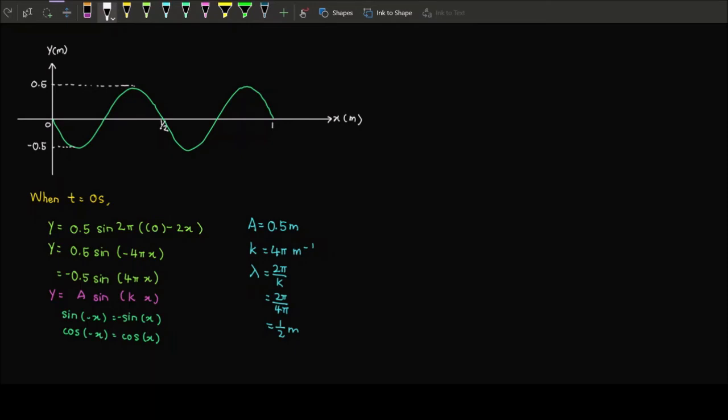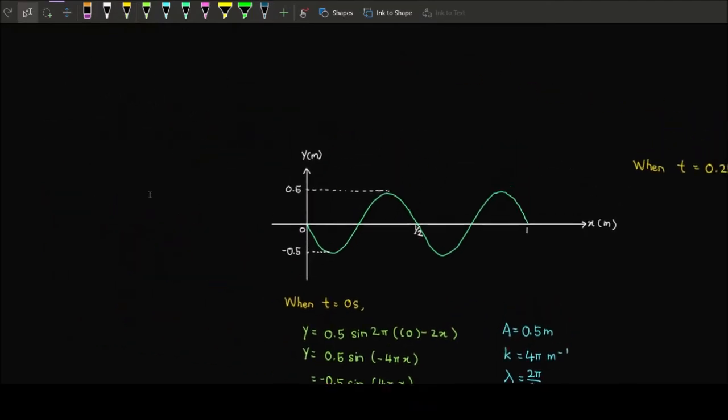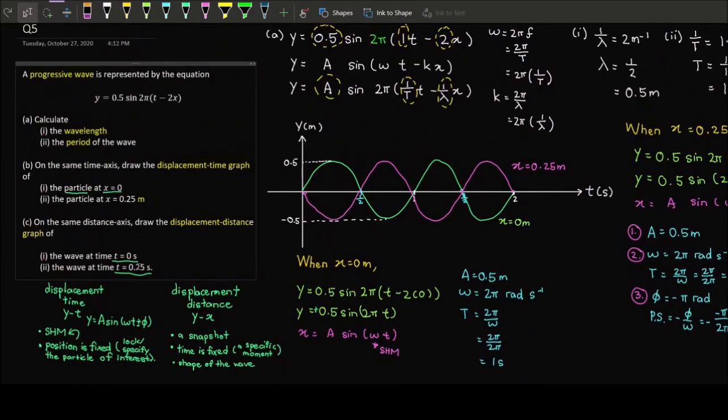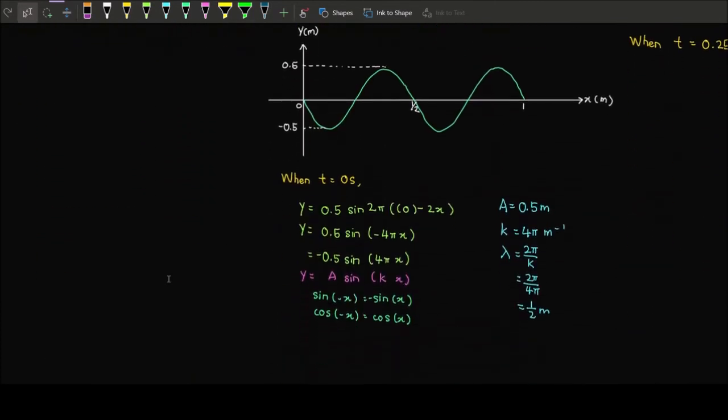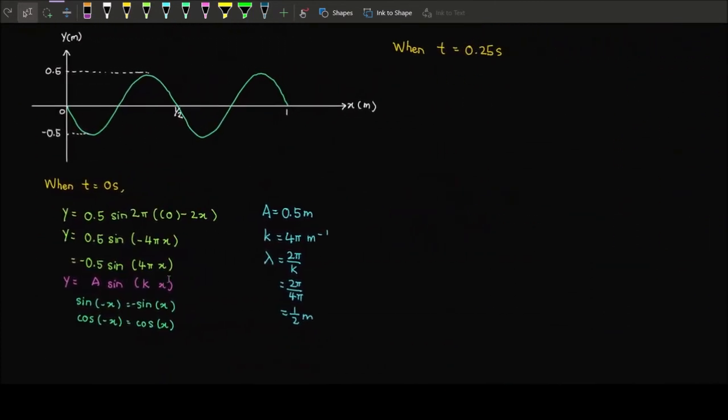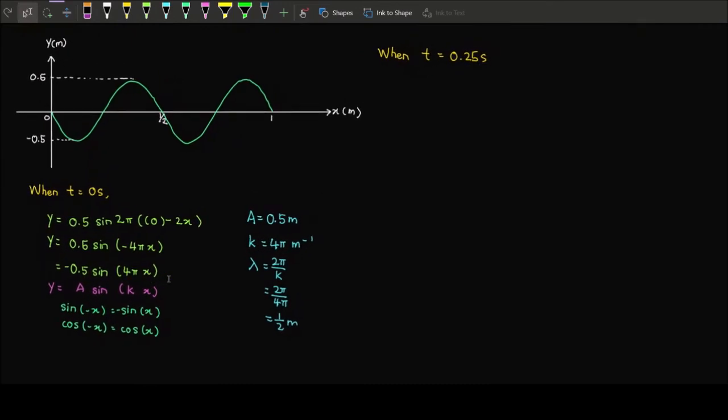So now let's move on to a bit more complicated situation when t is equal to 0.25 second. If you cannot recall, t equals 0.25 second from here. So again, we do the same thing.